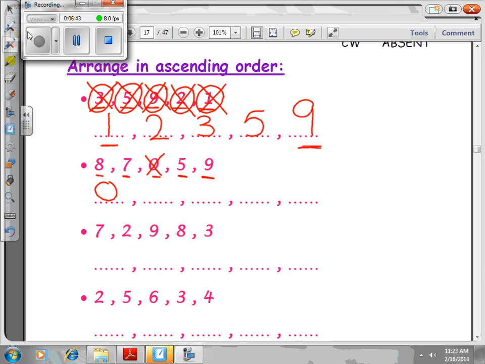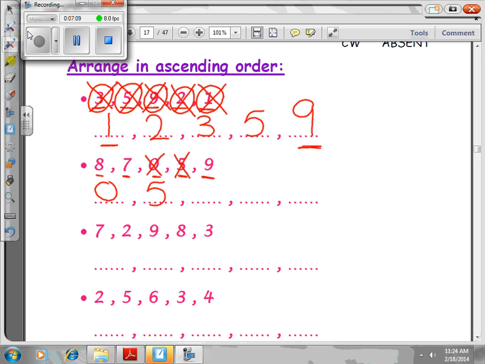Now we have 8, 7, 5 and 9. Which is the smallest number here? Think. Yes, the smallest number here is number 5. So I'll write down 5 and make a cross on number 5. Now let's see, we have 8, 7 and 9.